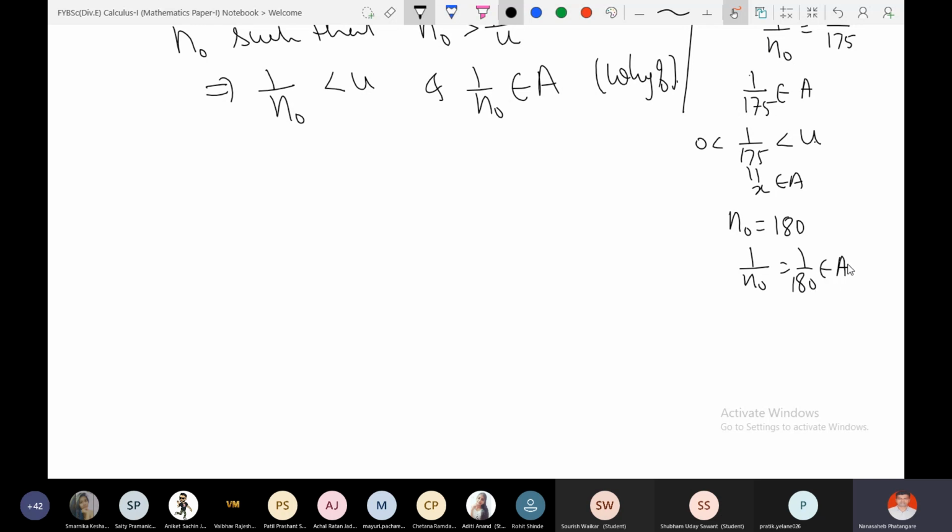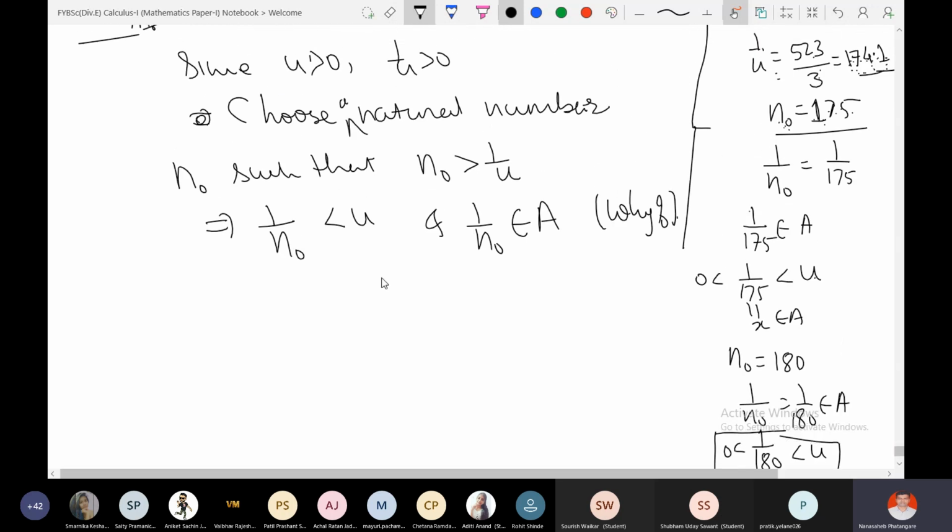Is it a member of set A? Yes. And 1 upon 180 is also less than u. So a similar situation arises. You choose any number greater than 1 by u, and that will fulfill our requirement.